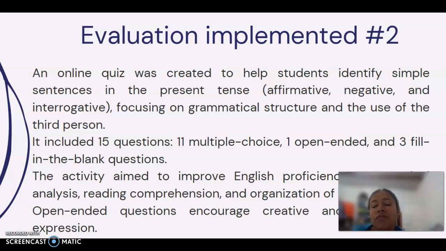It includes 15 questions: 11 multiple choice, one open-ended, and three fill-in-the-blank questions. The activity aimed to improve English proficiency, grammatical analysis, reading comprehension, and organization of ideas. Open in-depth questions encourage creative and independent expression.